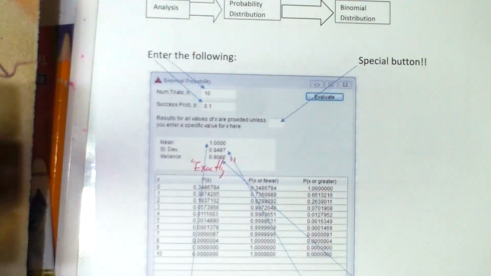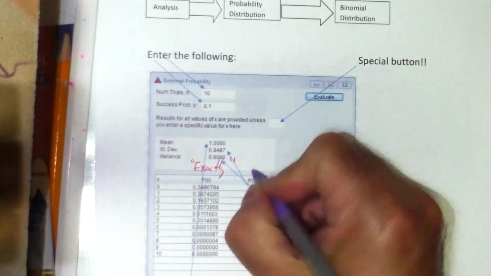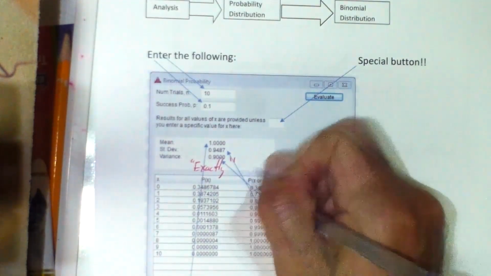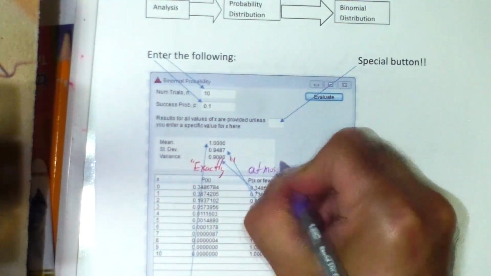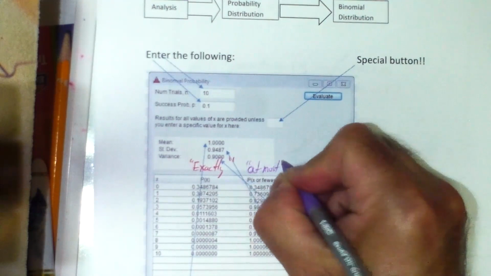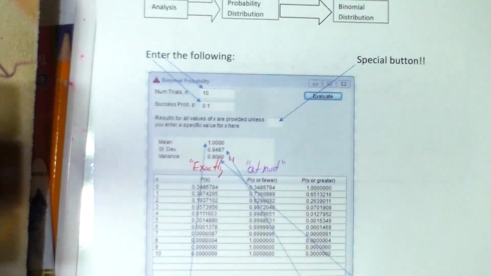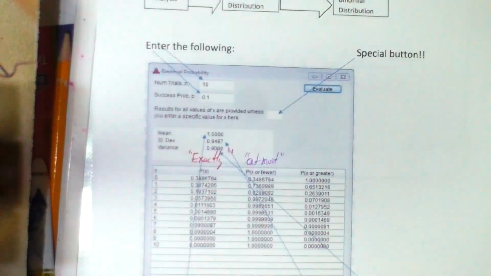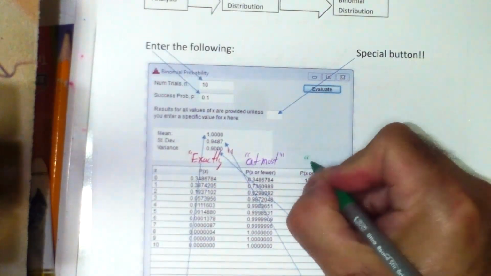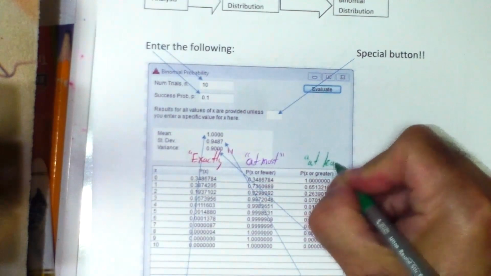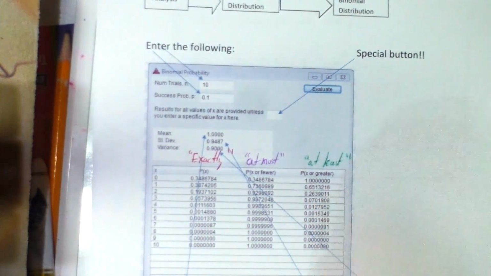The third column, we're going to label that as at most. This is the at most column. The last column, we're going to label it as the at least column.